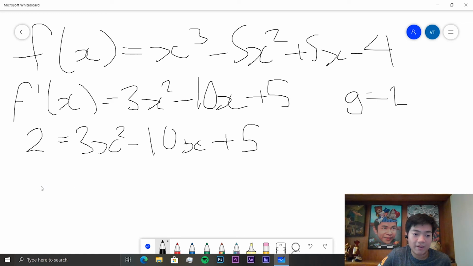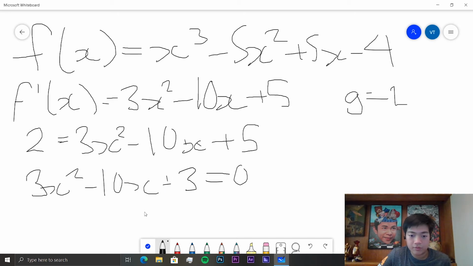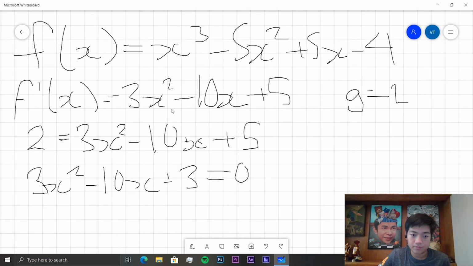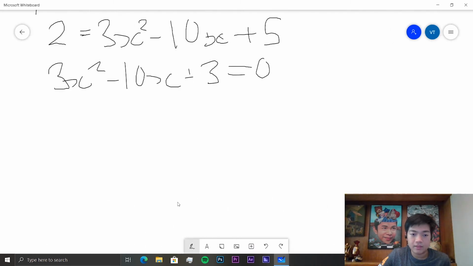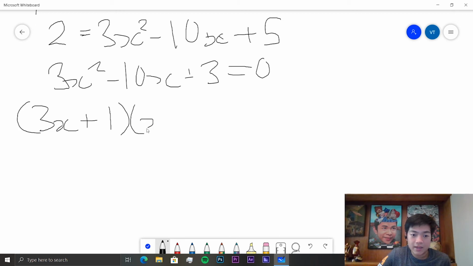And so we have 3x squared minus 10x plus 3 is equal to 0, which of course factorizes into 3x minus 1 times x minus 3.